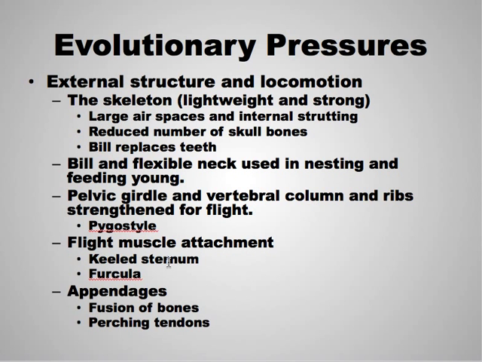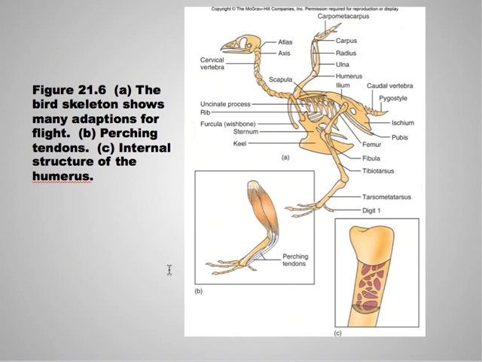Flight muscles, what are they attached to? Those are attached to the sternum, which is here, and the keel in through here, and the furcula, which is what you would call a wishbone if you're used to pulling on that on Thanksgiving.